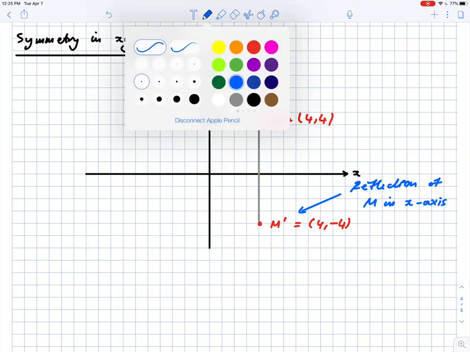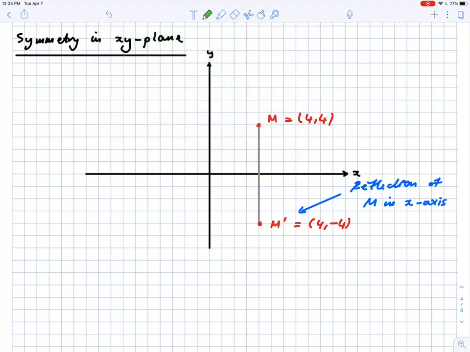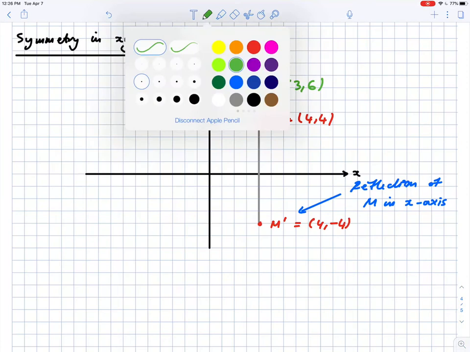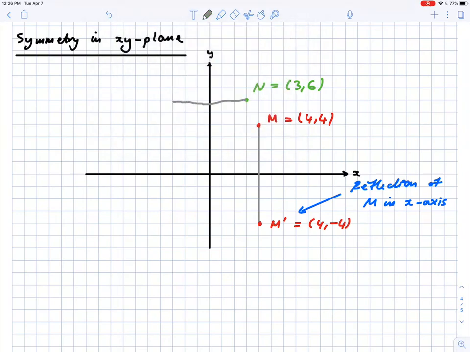Well, we could do the same thing with the y-axis, couldn't we? So I could take the point 3, 6, let's say. Yeah, I'll do 3, 6. Then I could reflect it, if I wanted, across the x-axis or across the y-axis. So what does that give? Well, that would give me a point N prime over here.